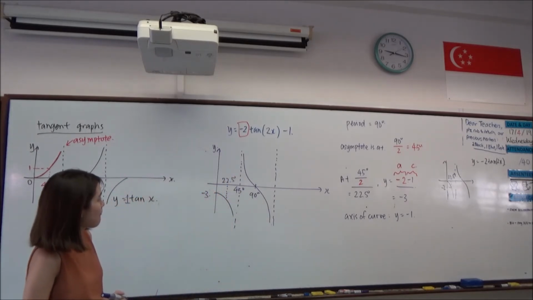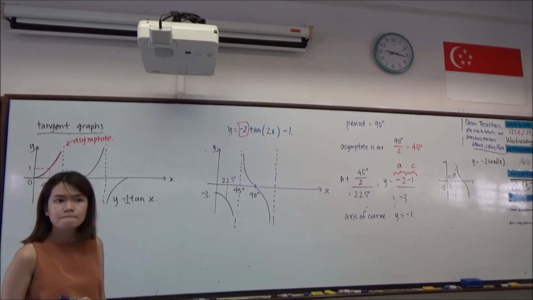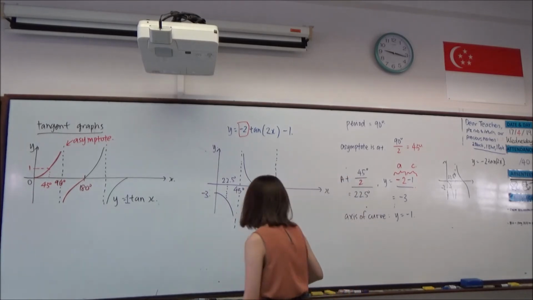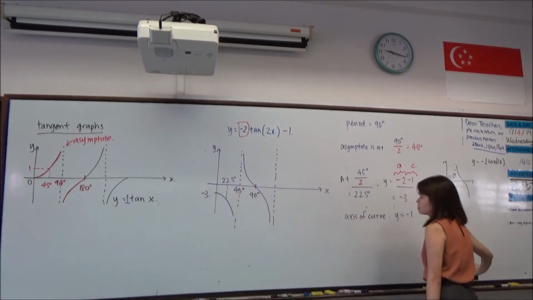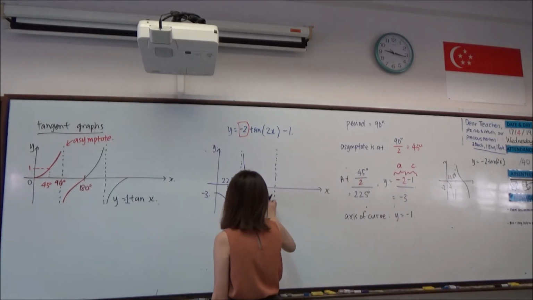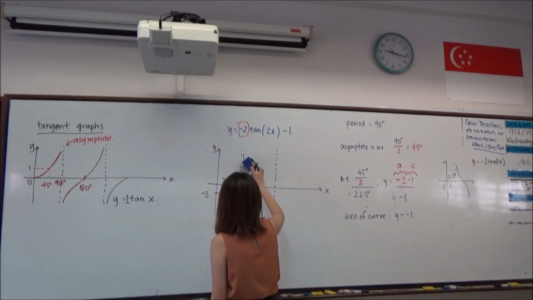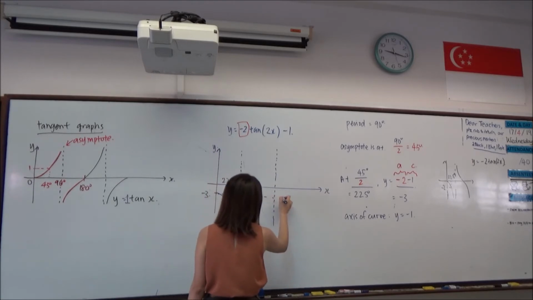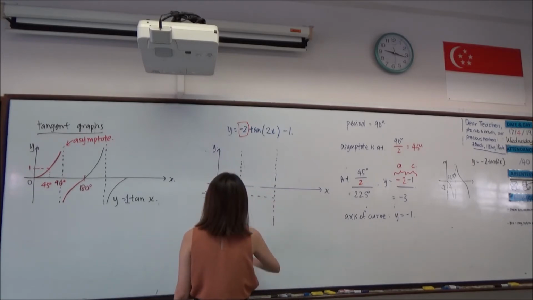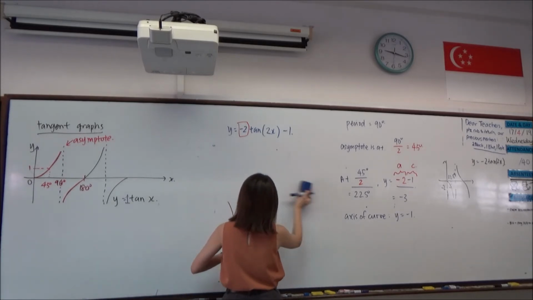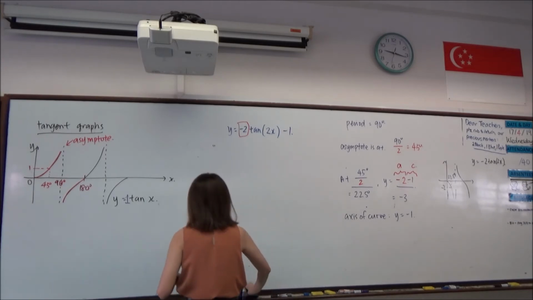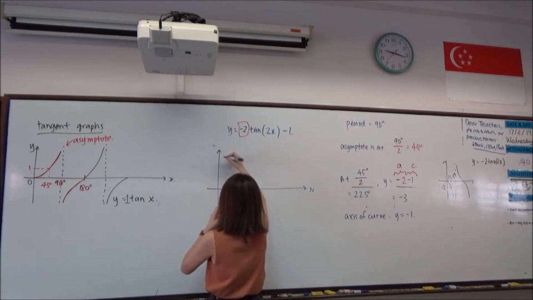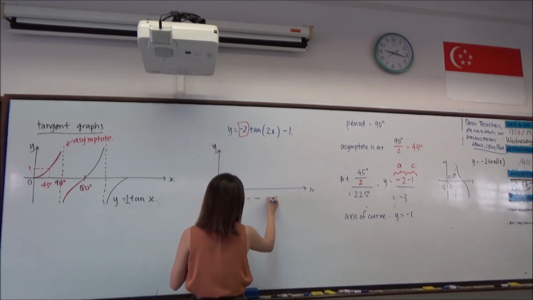Shouldn't the 90 the... Oh, it should be below 1, but it should cut negative 3 axis. So let's look at the axis of curve is negative 1. Okay, let me redraw this. Why? It should cut negative 1 instead of 0.